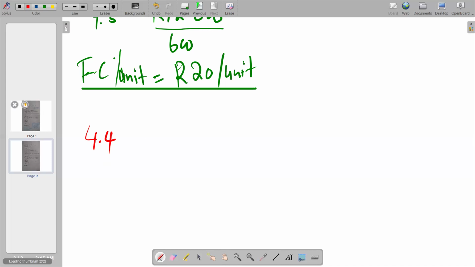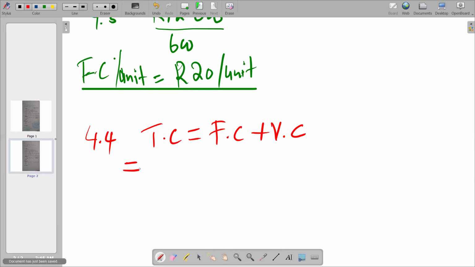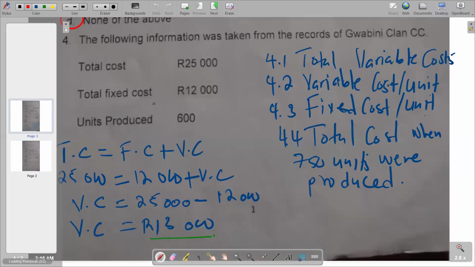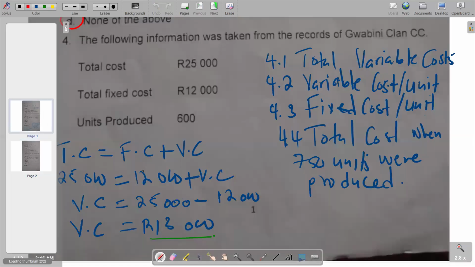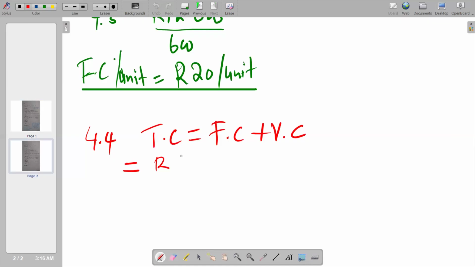Remember, total cost is equal to fixed cost plus variable cost. Fixed costs remain the same, so we're still going to take 12,000, even though we have got a change of level of output. Then we add the variable cost per unit times number of units.